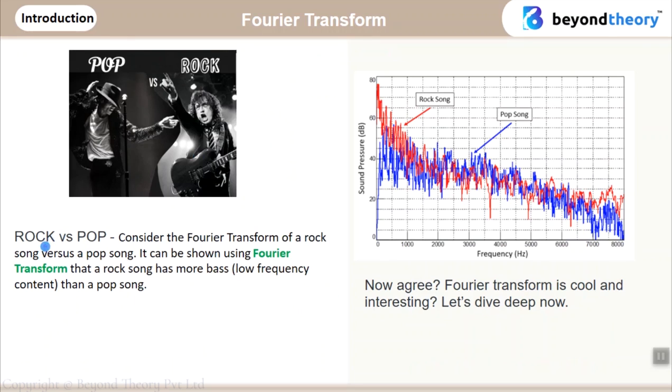For example, if you have a rock and a pop concert happening, and you want to identify the nature of the frequencies which are present in each, you can apply Fourier transforms and identify the different frequencies which are present in a pop concert and a rock concert. So in the world of music and sound, Fourier transform has amazing applications.